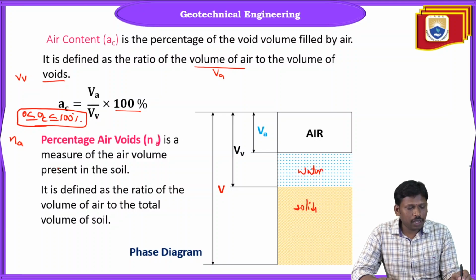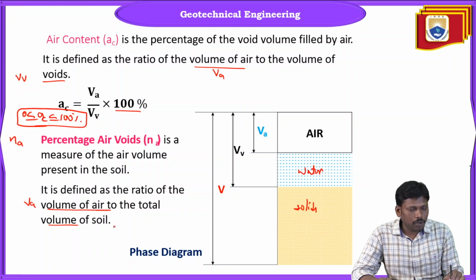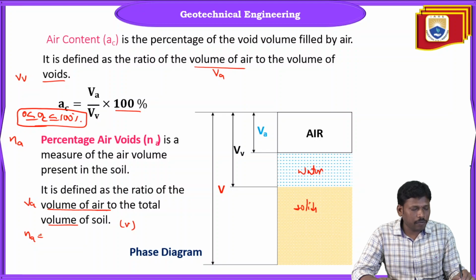It is defined as the ratio of volume of air to the total volume. Mathematically, N suffix A is the volume of air to the total volume, and it is also expressed in terms of percentages.